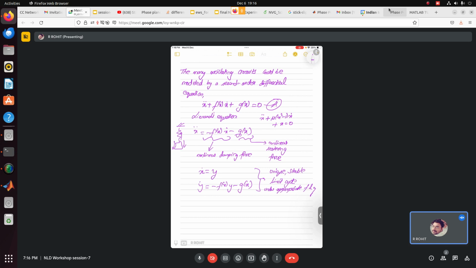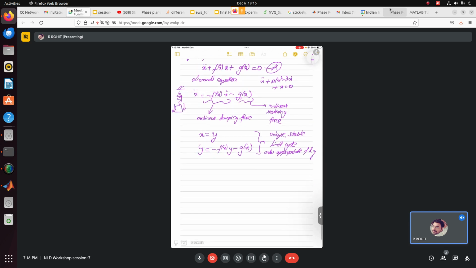So why we are studying this is, if you are able to prove that your system follows Lienard's equation, and if you are able to build the functions f and g, then we can say that your system possesses a unique stable limit cycle.